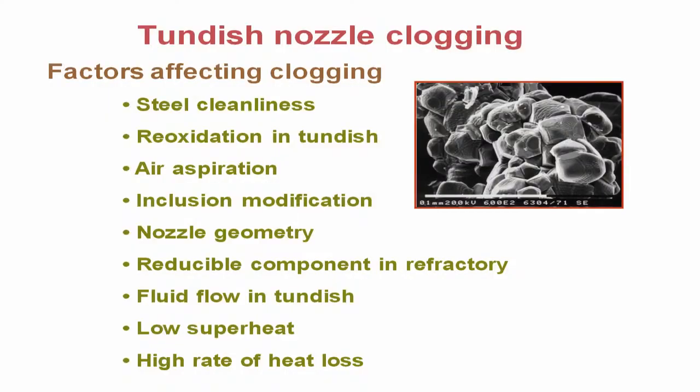And then again for the clogging product, I have told what the possible factors are. Air aspiration is the main issue, and steel cleanliness is the problem. That means if a large amount of sulfur or oxygen is present in steel, they might create clogging. So, nozzle geometry is important here, fluid flow in the tundish is important here, and you have to allow more residence time in the fluid. So, these are the issues.